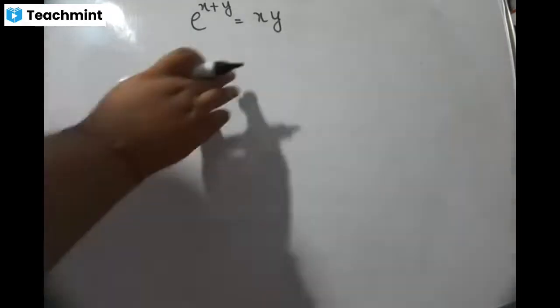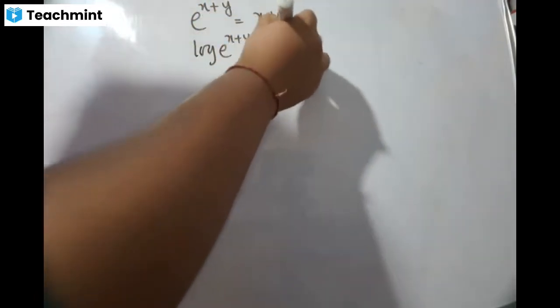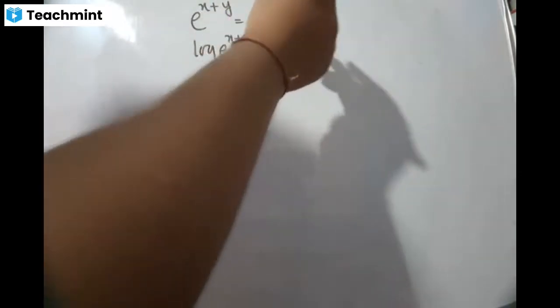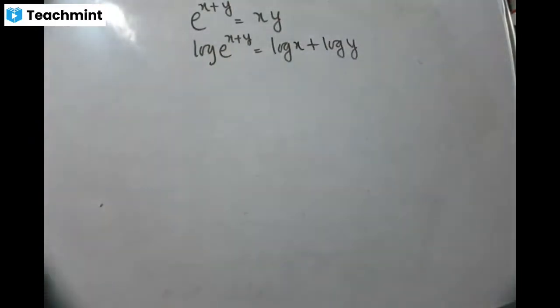So why don't we make it simple? And how do I make it simple? By applying log on both sides. When you apply log on both sides, what's going to happen? Log xy will become log x plus log y. Product multiplication will change into addition. So now to differentiate, you need not use the product rule.